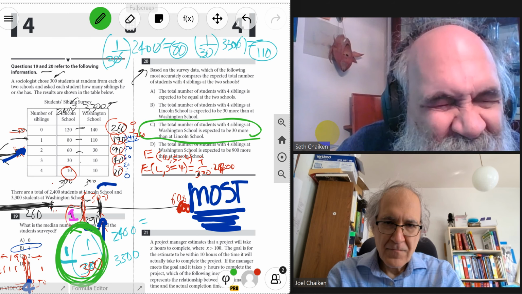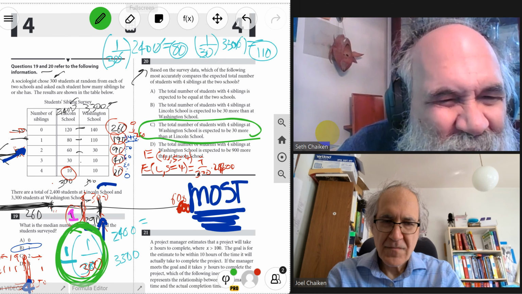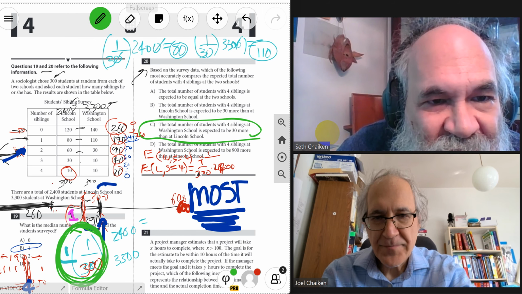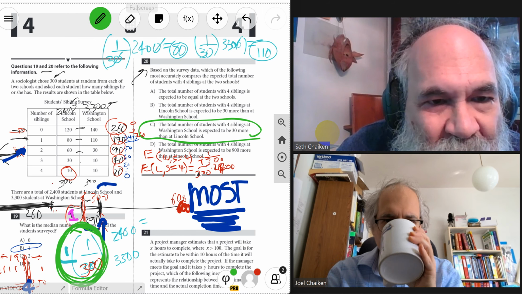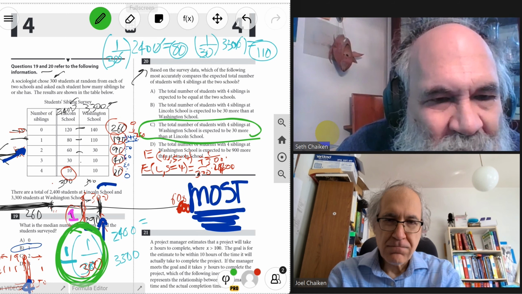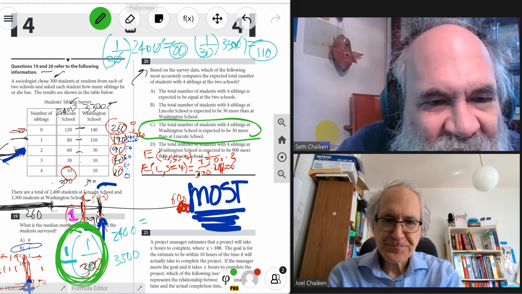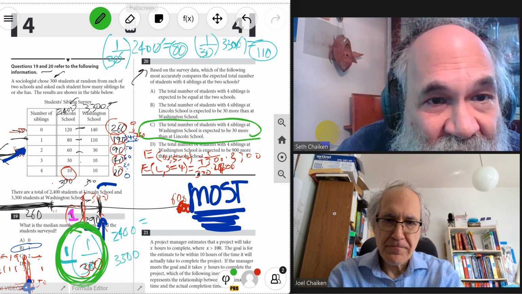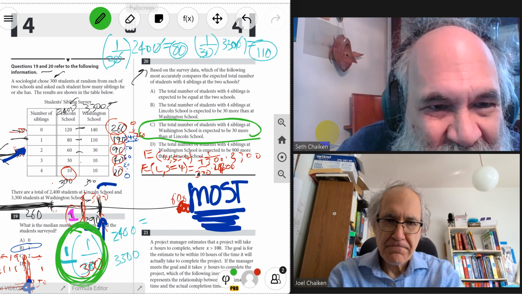For Washington, the number of siblings equal to 4 is also 10 over 300. So the frequency is the same, but this time Washington has many more students, 3,300. So the expected number in Washington is expected to be bigger.